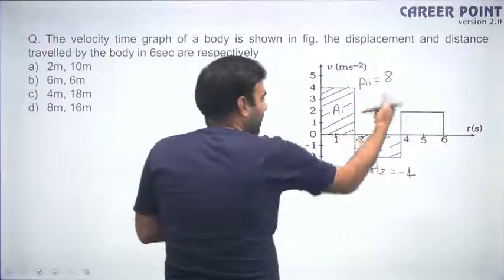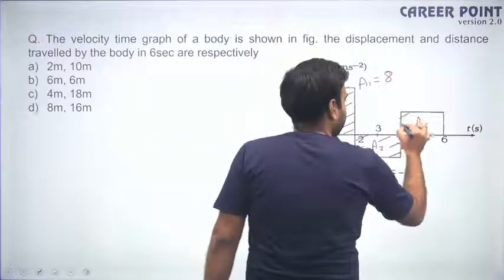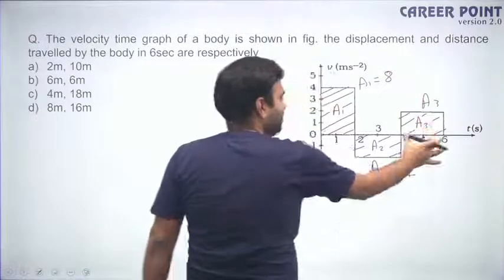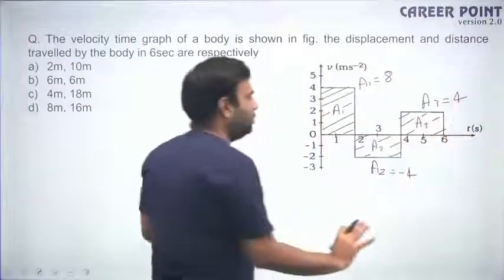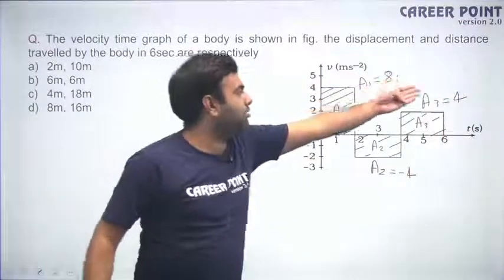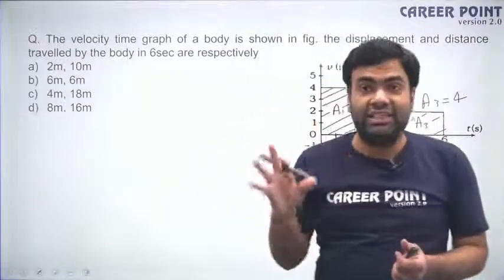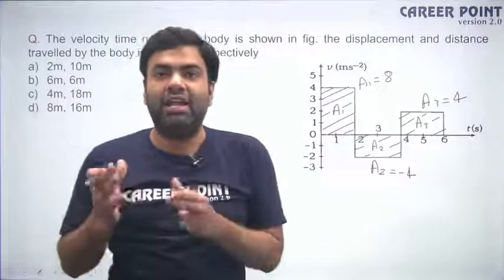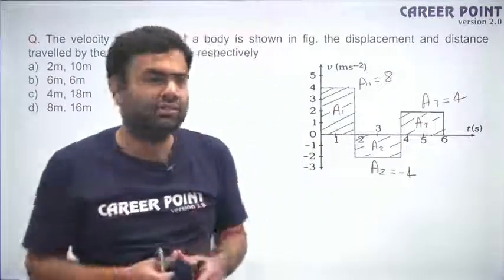This area is 8, this area is minus 4. And suppose this is area A3. This area A3 is length 2 and breadth also 2, so 2 into 2 equals 4. As you can see, the upward area is positive and the downward area is negative. So if we add these areas with sign, we will get displacement, and if we add these areas without sign, we will get the distance.